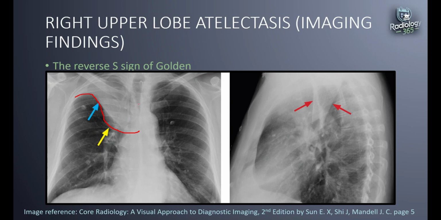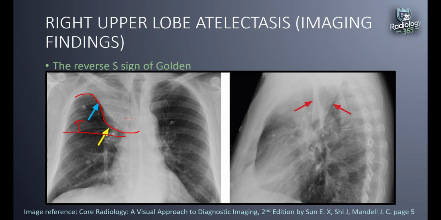Not all the time, but it's usually as a result of a mediastinal mass compressing on the right upper lobe bronchus, and hence obstructing airflow into the upper lobe, and thus you have the right upper lobe collapsing. Now this also tells us that whereas the minor fissure should have been somewhere here, it's elevated to come all the way up here.